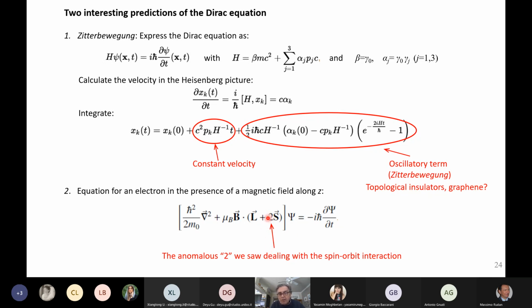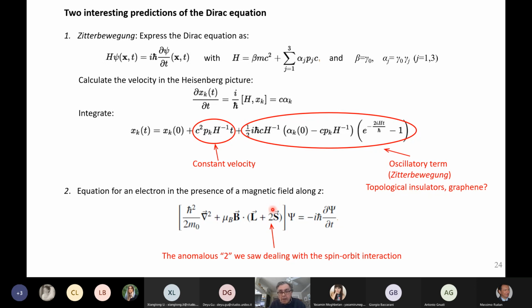But this is another interesting result that comes for free from the Dirac equation. So the Dirac equation gives you spin in a natural way. It gives you this anomalous gyromagnetic moment of the electron. And of course, what Dirac was enthusiastic about was, excuse me, it predicts an electron and an antiparticle, which was associated to the negative energy solutions.